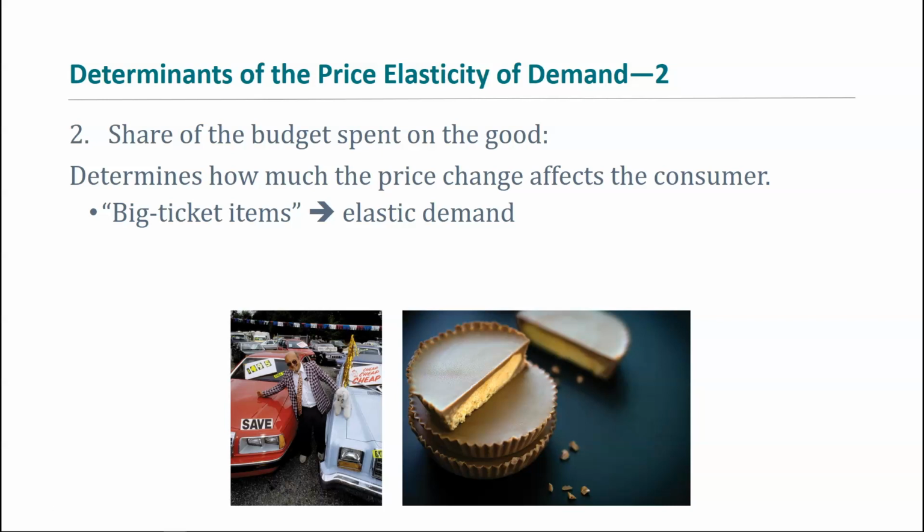That 20% sale on a big ticket item is a lot of money. That's a big deal to you when there's a sale. You've got really elastic demand in terms of that. That little bit of a sale, that 20% sale, is going to have a big effect on your quantity demanded.